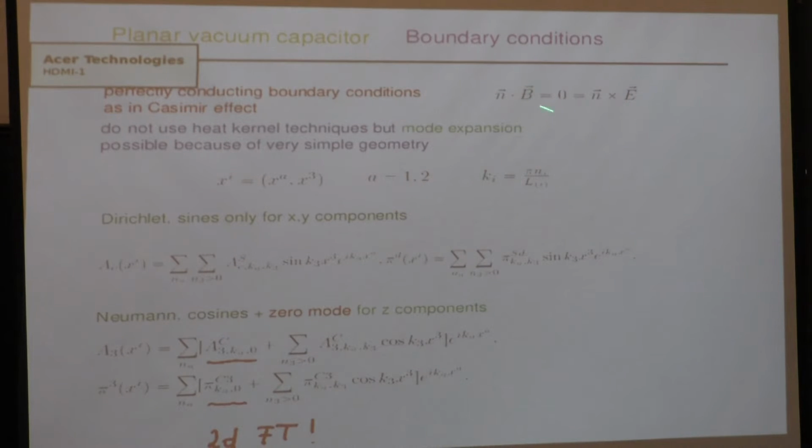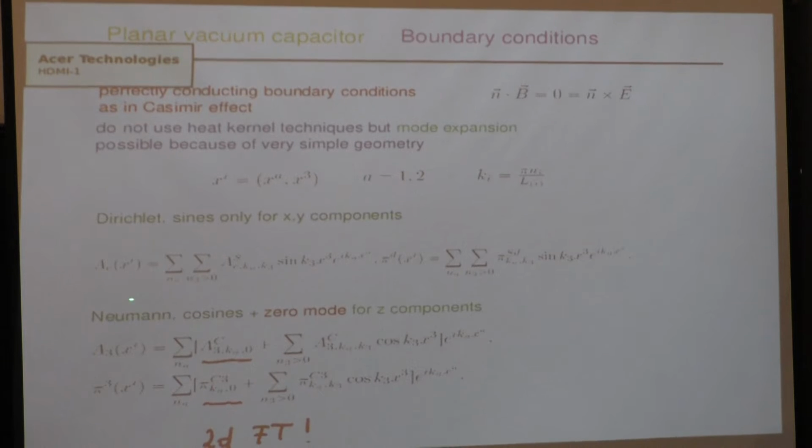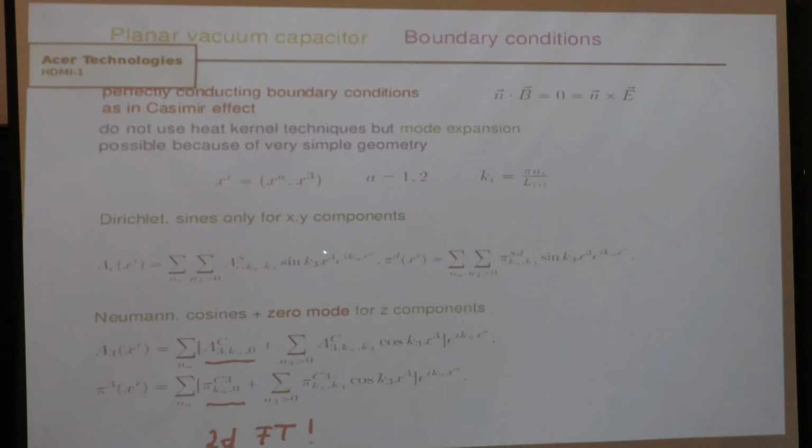And these boundary conditions can be implemented by expanding the vector potential and the electric field in the xy direction. So they have to satisfy Dirichlet conditions. So in the Z3 direction, you have Dirichlet condition, which means that you have sin(K3 Z) here.